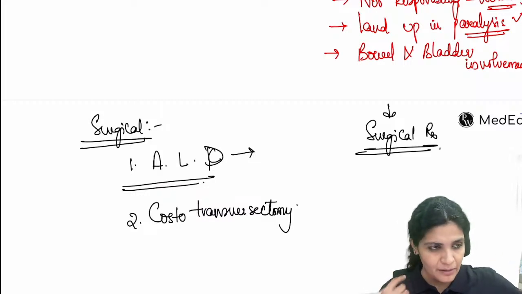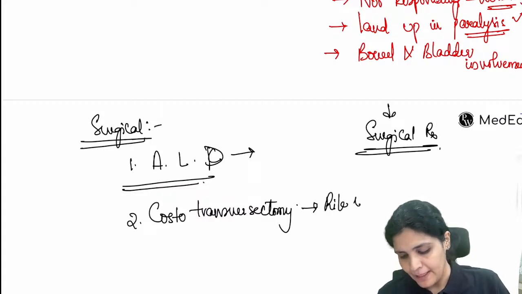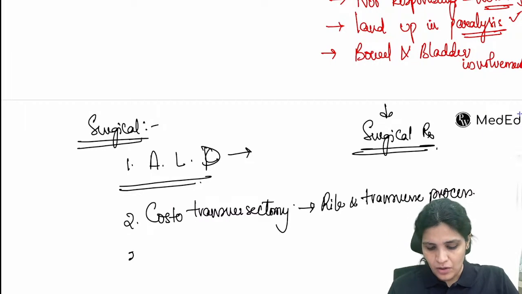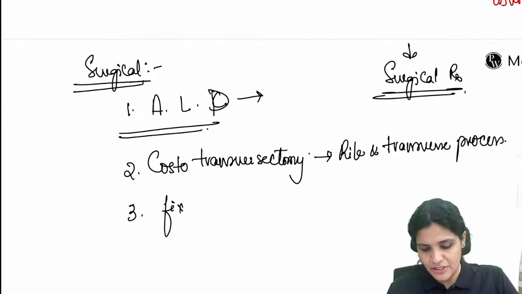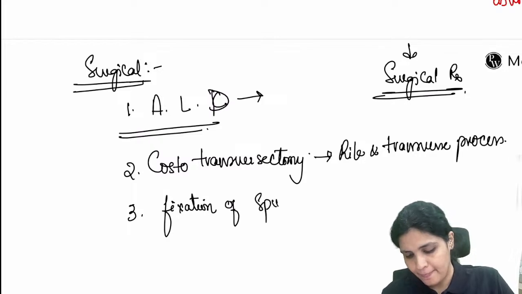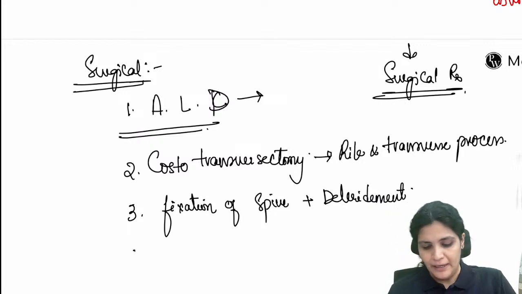If you're unable to do the ALD, then you remove the rib and the transverse process. That is called costotransversectomy. Or sometimes you go for fixation above and below, and debridement.